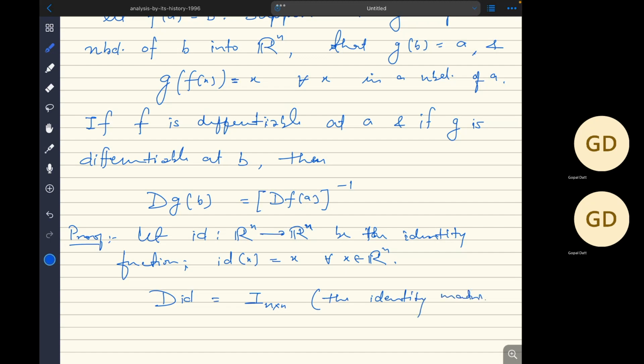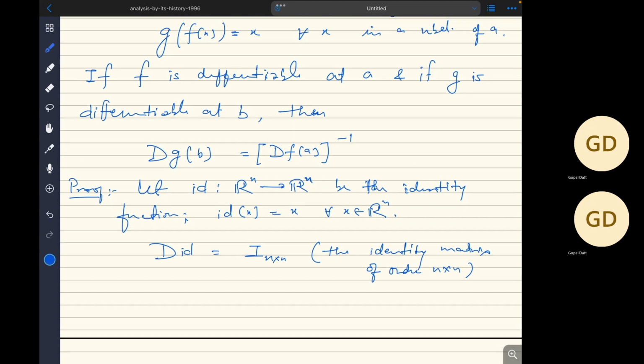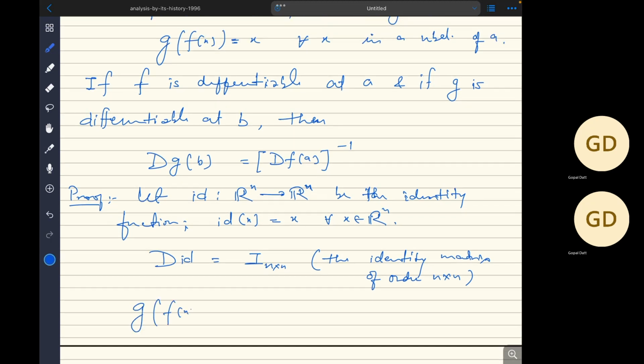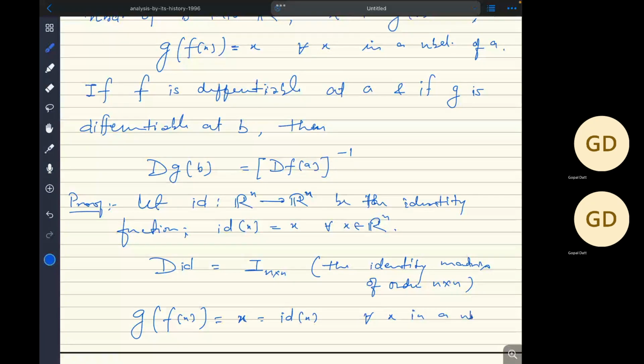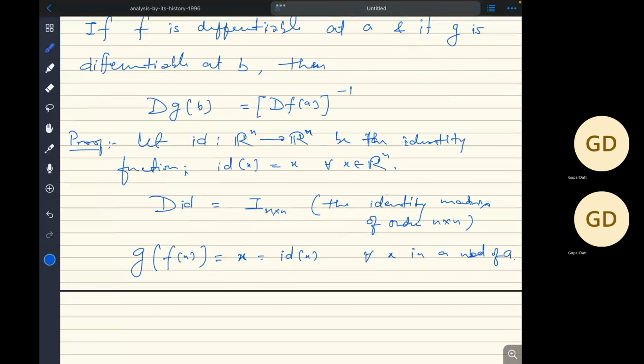So here what we have is G of f x equals x for all x, and this is nothing but id of x, for all x in some neighborhood of a.